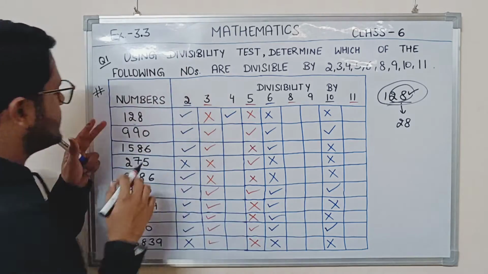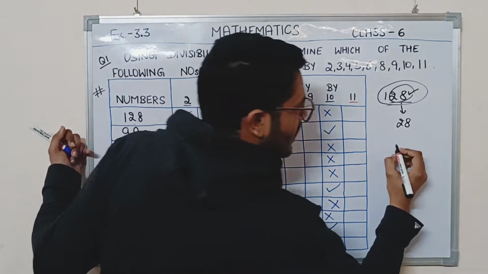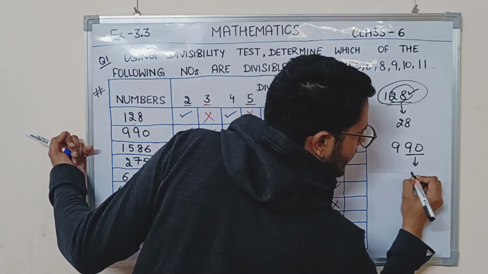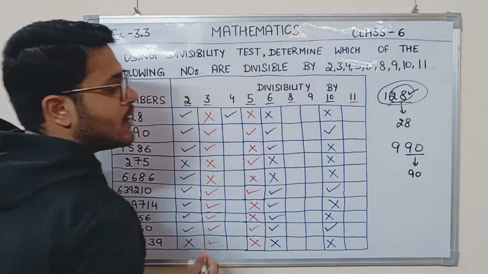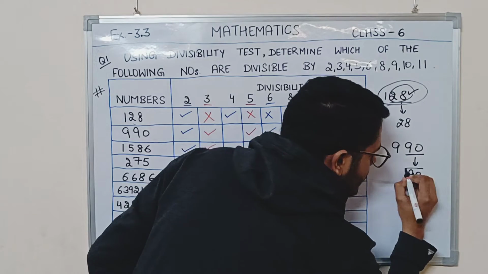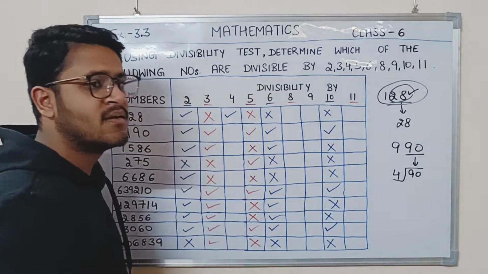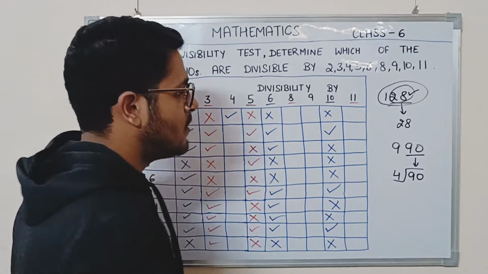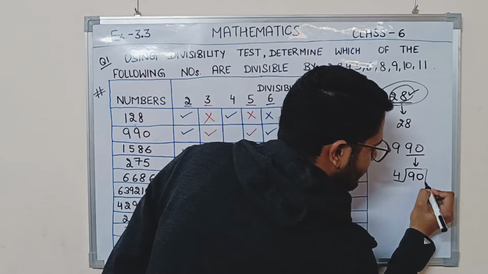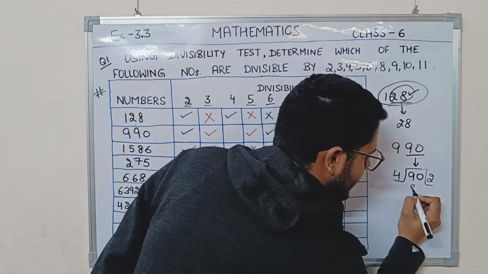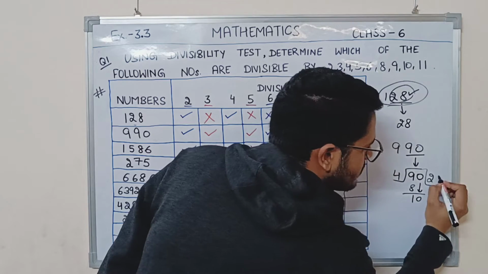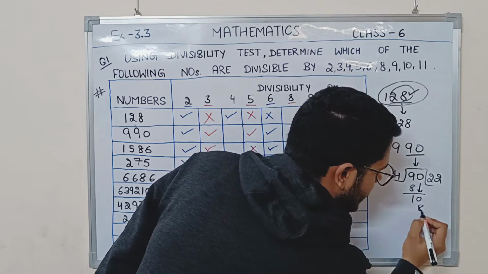Okay, so next is 990. The last 2 digits are 90. Now tell me whether 90 is divisible by 4 or not. Let's do it like this. 90 divided by 4: 4 2s are 8, 1 remaining, 0, 10, 4 2s are 8.